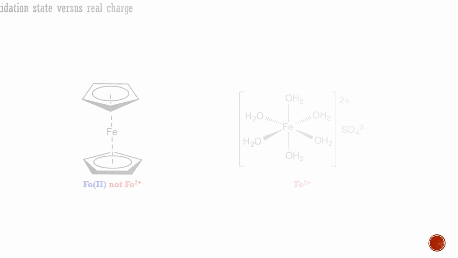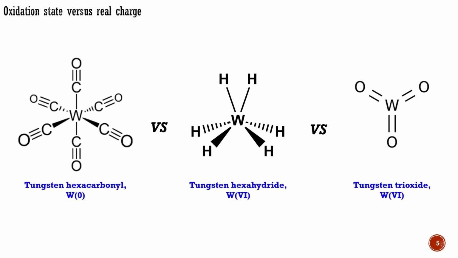Similarly, tungsten hexahydride, in spite of being tungsten(VI), is likely to be closer to tungsten hexacarbonyl than to tungsten trioxide in terms of the real charge on tungsten. In real terms, tungsten(VI) hexahydride is probably more reduced and more electron-rich than tungsten hexacarbonyl, which is formally tungsten(0).